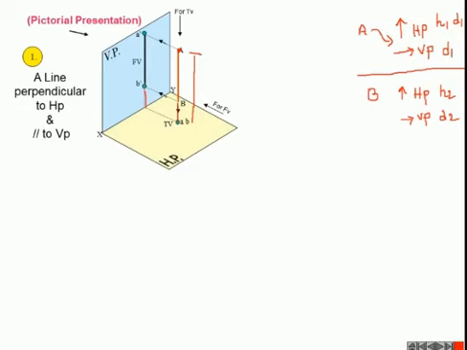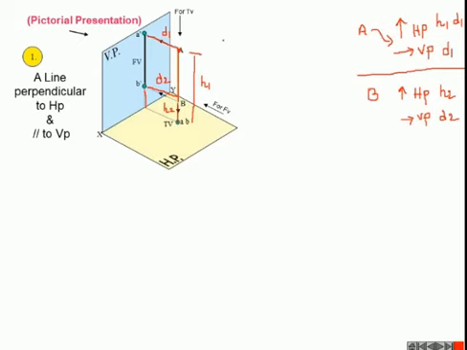The point B is H2 mm above the HP, and A is H1 mm above the HP. Similarly, this distance is known as the in-front distance. This one is D1, and here it is D2.